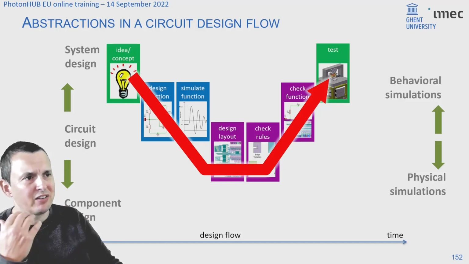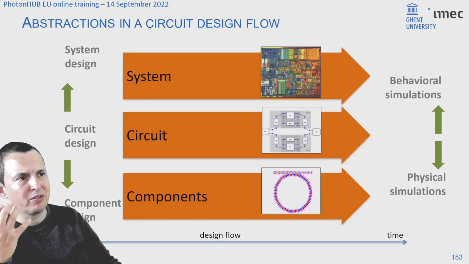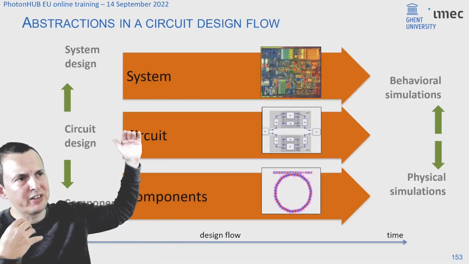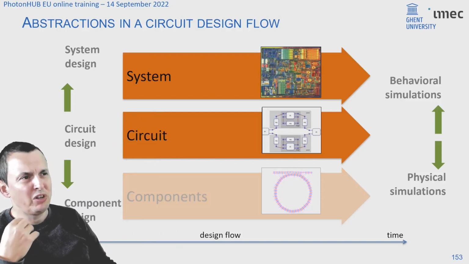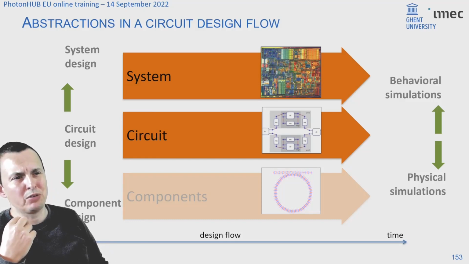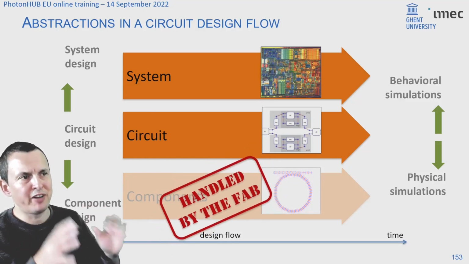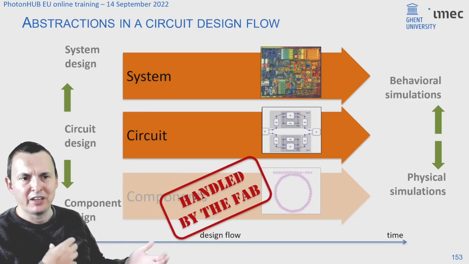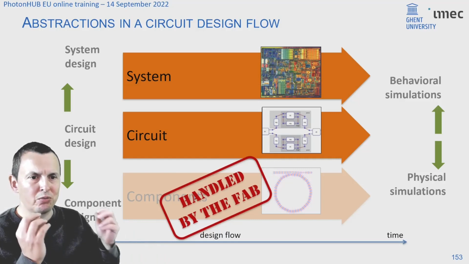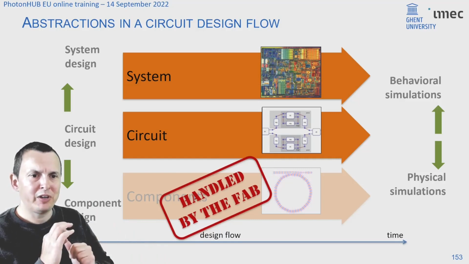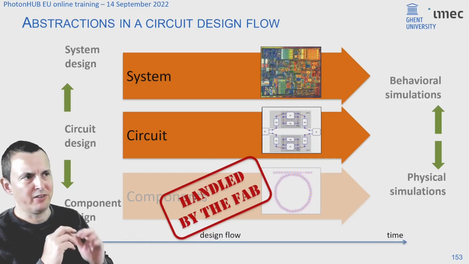Now that means that for circuit designers, we have system level and circuit level. But in general, we don't want to bother too much about components. We typically have the components handled by the fab or by dedicated people in our own organization. Because the moment you dive into component design, you know where you start, but you don't really know where you end.